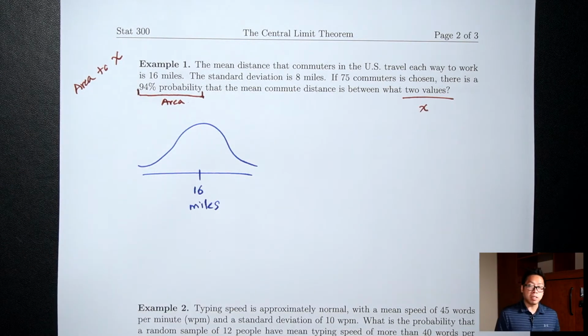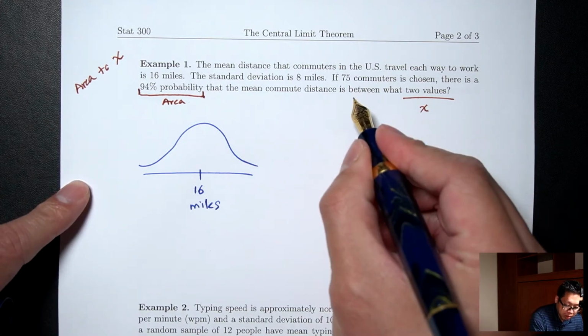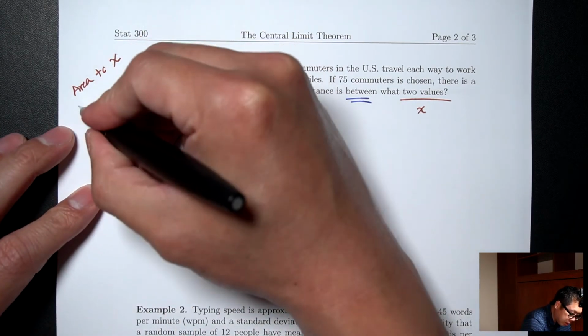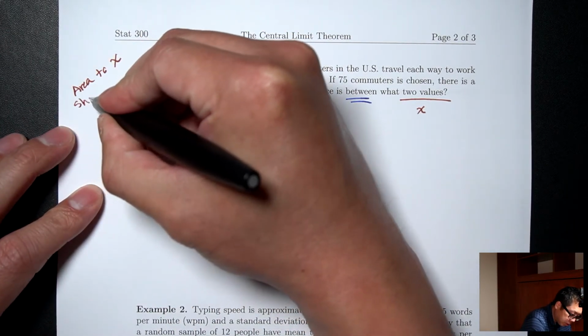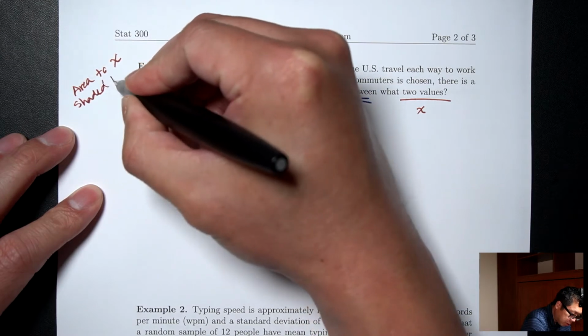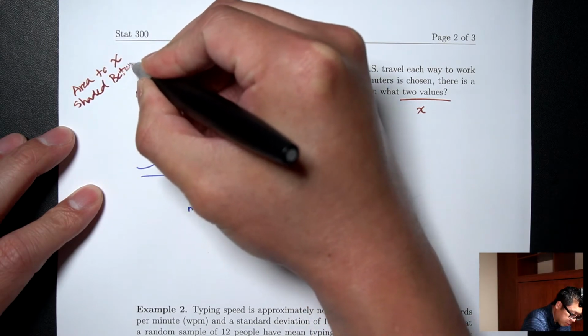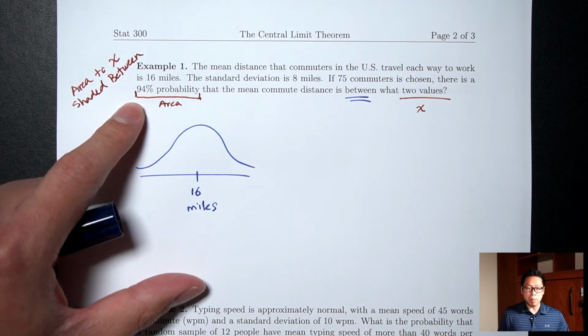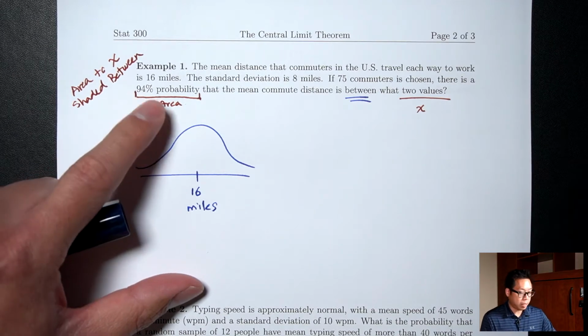The next thing I need to decide is to draw the rest of the picture and decide whether it's shaded left, shaded right, or shaded between. This one obviously is going to be between. Okay, so this is shaded between. And let me put this 94% on my picture. So that 94% is an area.